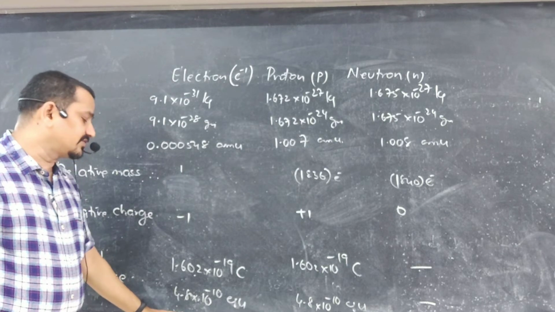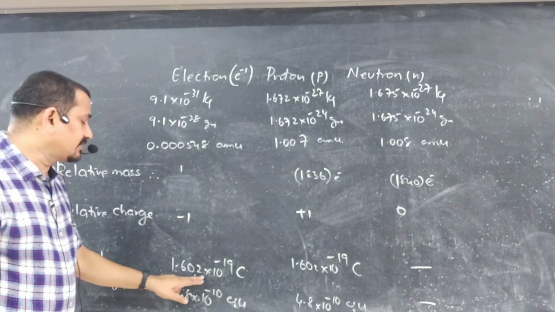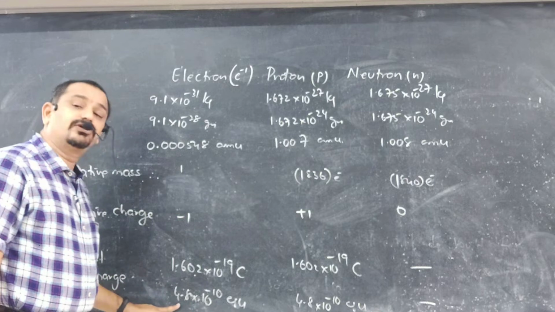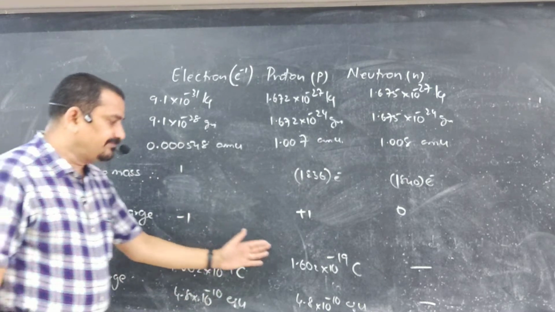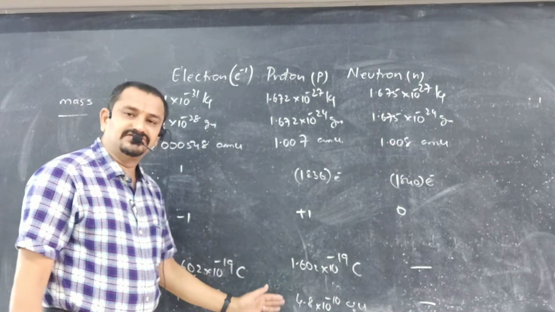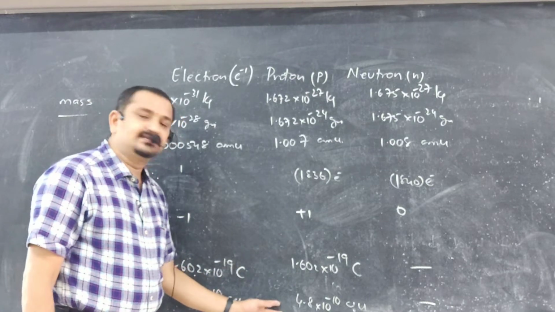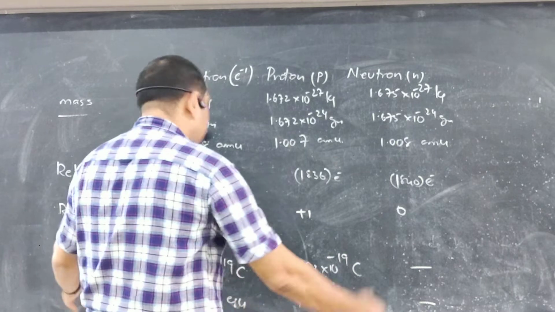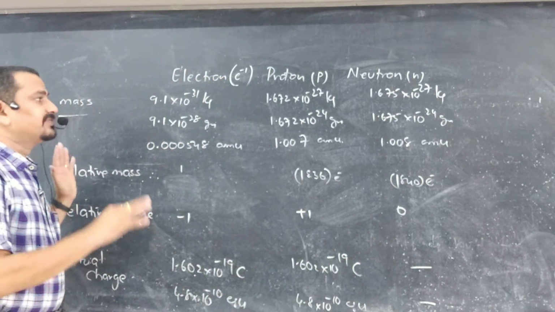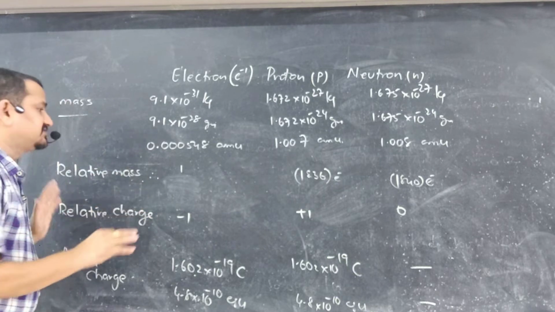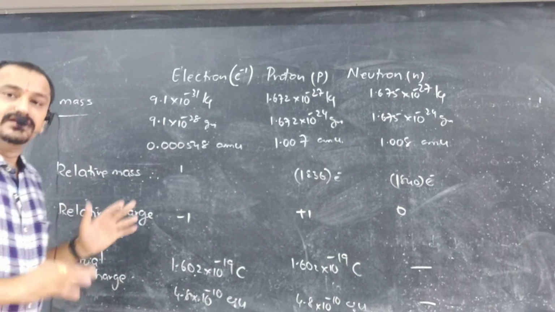Even for proton, the same charge value. For each proton, we can assign the same value. When it comes to neutron, it has no charge. So this is about mass and charge values of electron, proton and neutron.